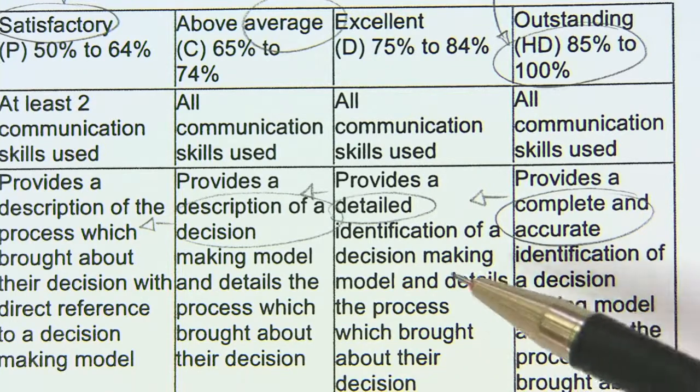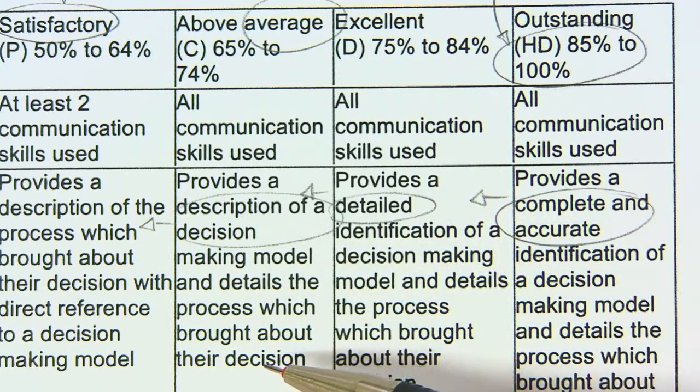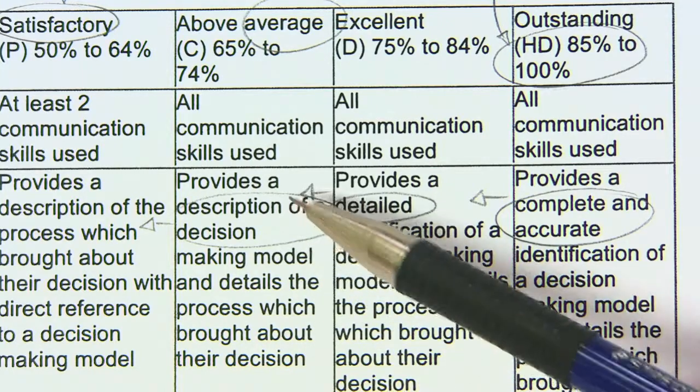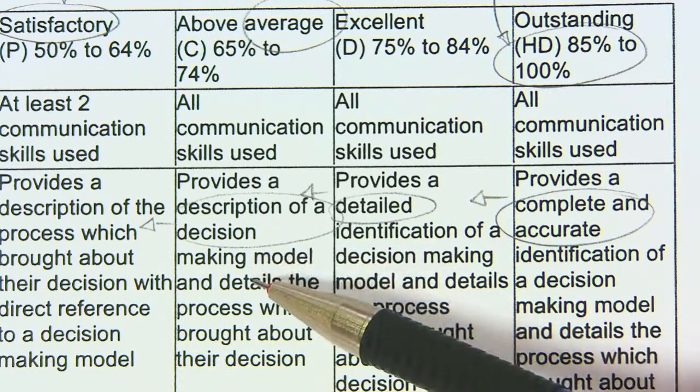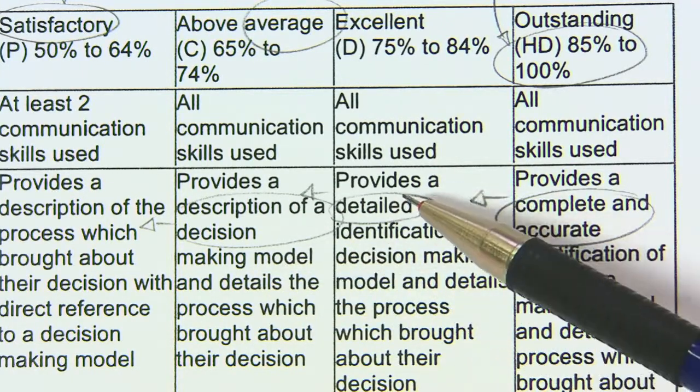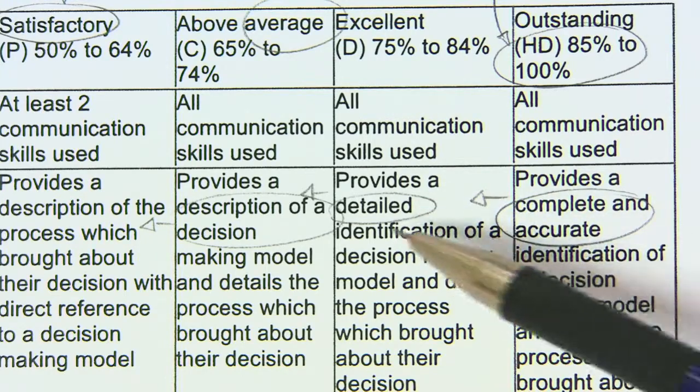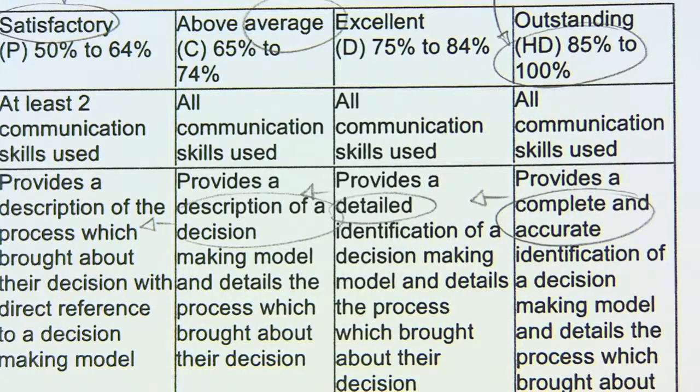Similarly, the standard down from excellent does something very similar, provides a description of a decision versus provides a detailed identification of a decision-making model. I should do that again because I just read it wrong.